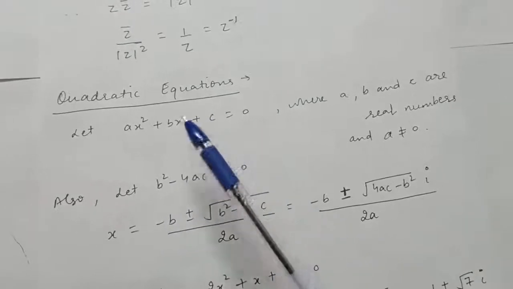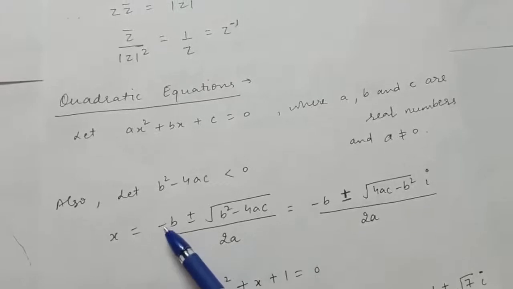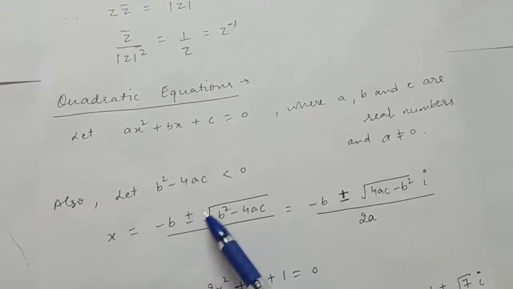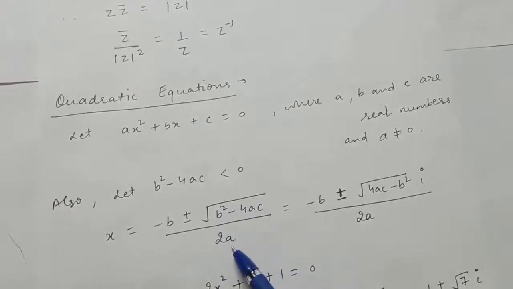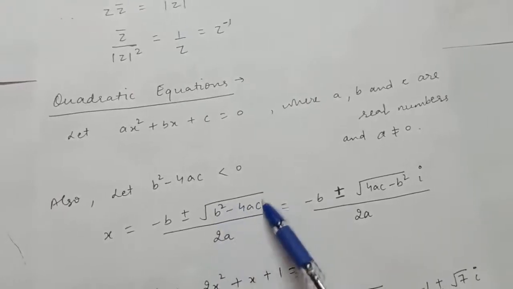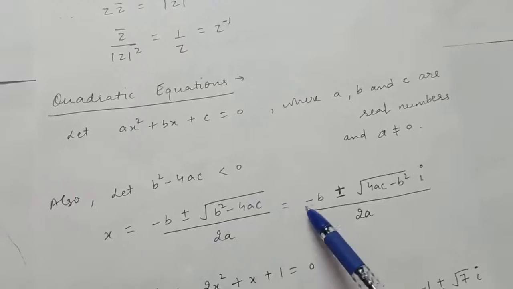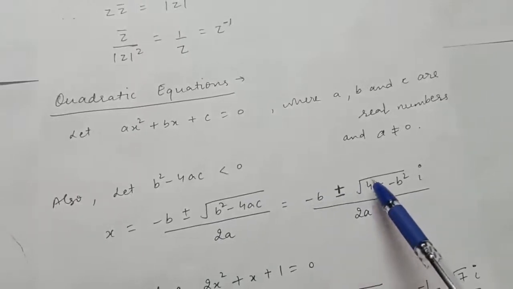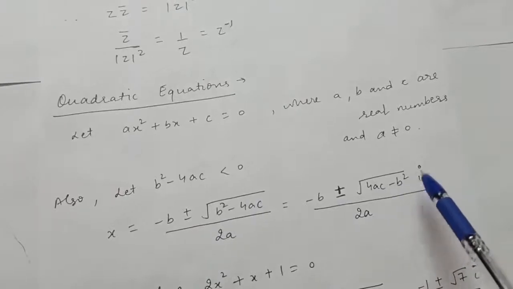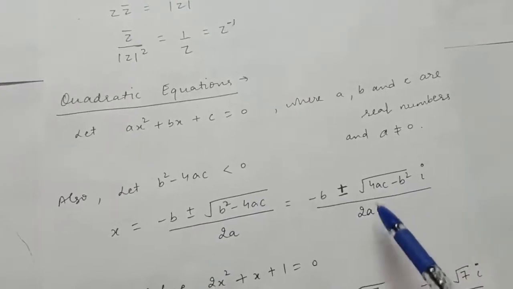Then you know the value of x is equal to minus b plus minus root b square minus 4ac upon 2a, right? Now because this is negative, it can be written as minus b plus minus root 4ac minus b square into iota upon 2a.